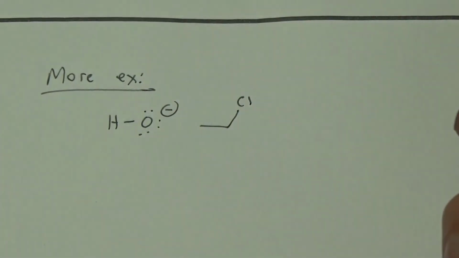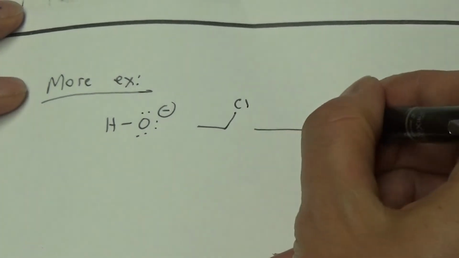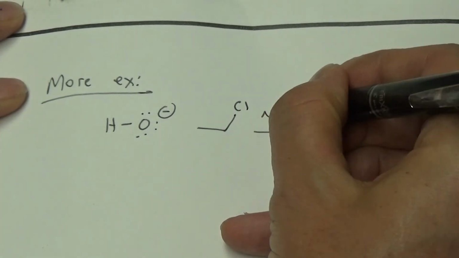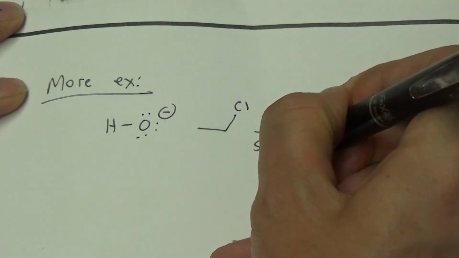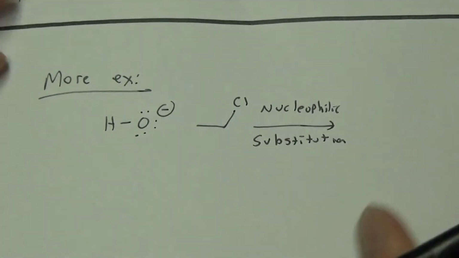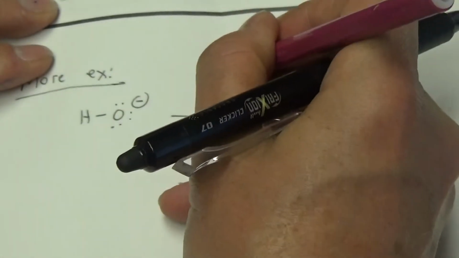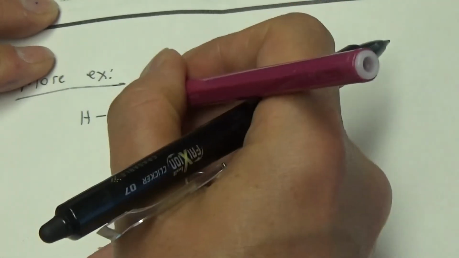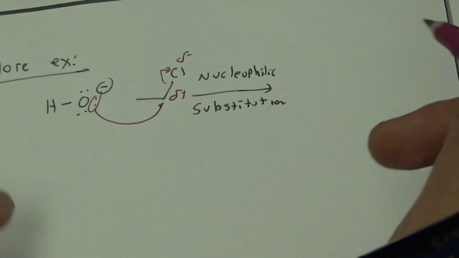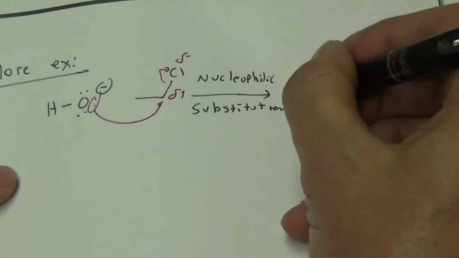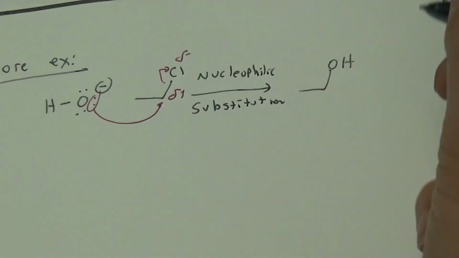We'll use chloroethane as a substrate. This is nucleophilic substitution. Product is incredibly easy. It's delta minus, delta plus. Circle lone pair, attack, break the bond. You make ethanol. Ethyl alcohol, chloride.